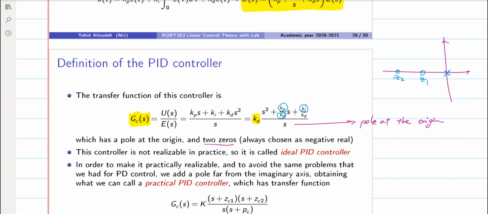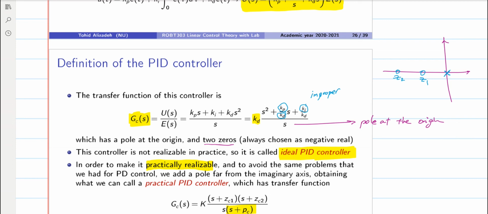We see that this PID controller is impractical because the system is improper. It has more zeros than poles. So it is not realizable, and we call it the ideal PID controller. If you want to make it practically realizable, similar to what we did for the PD controllers, we would need to introduce a pole at the point minus PC in order to have the number of poles equal to the number of zeros.